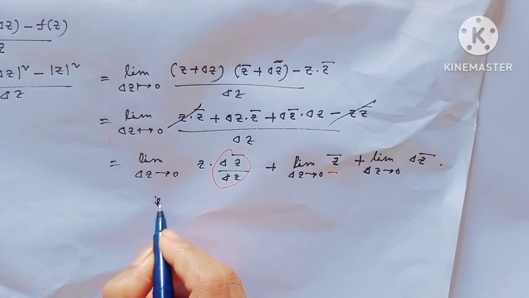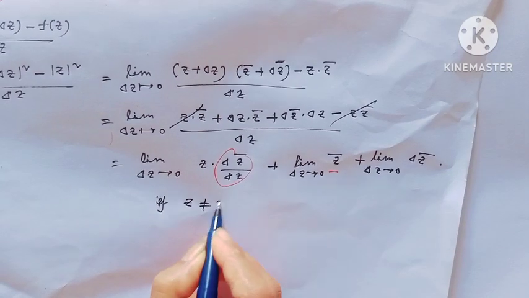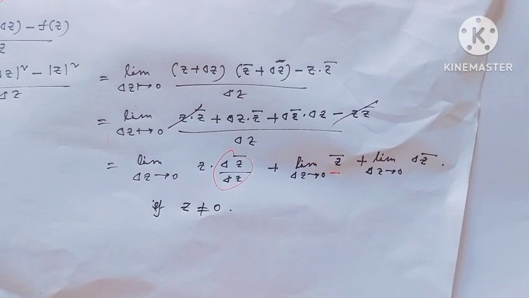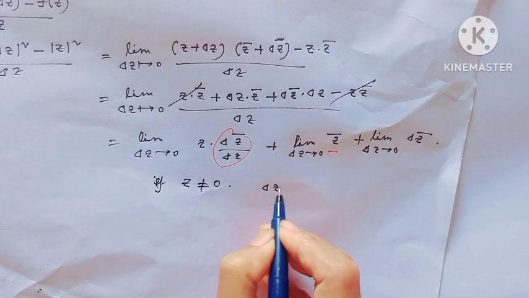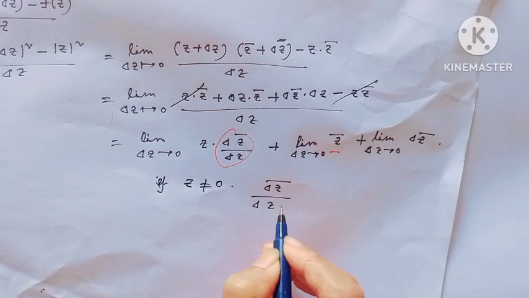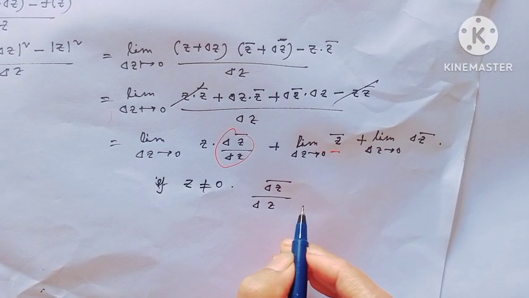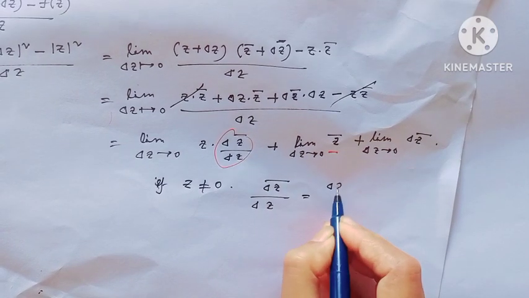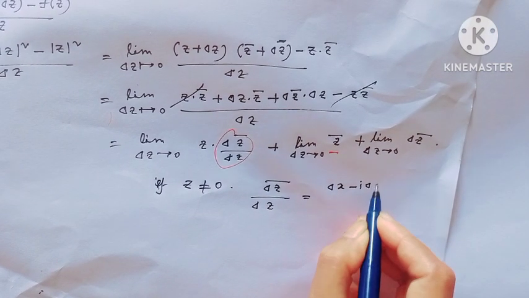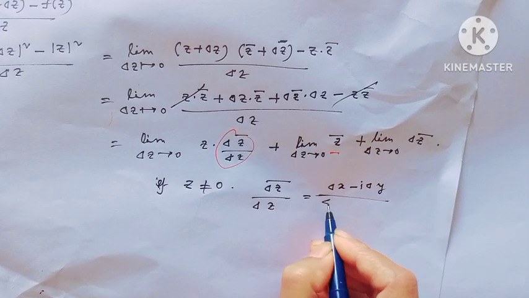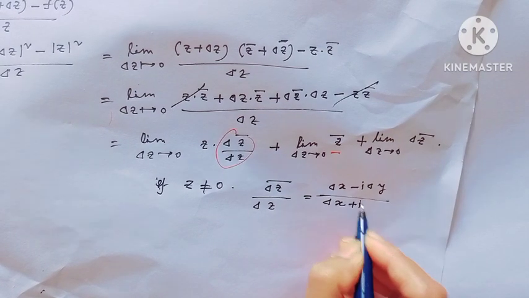If z is not equal to 0, then delta z bar over delta z means (delta x minus i delta y) over (delta x plus i delta y).